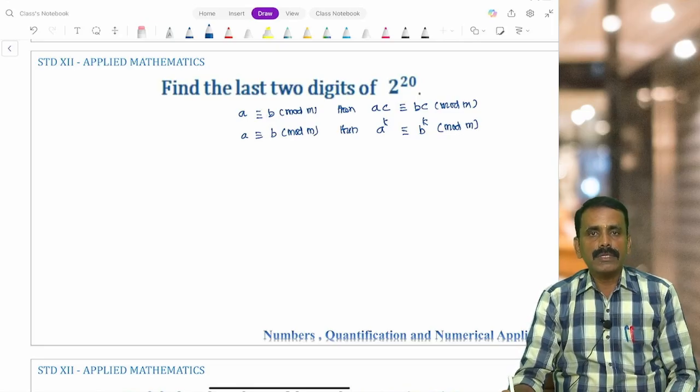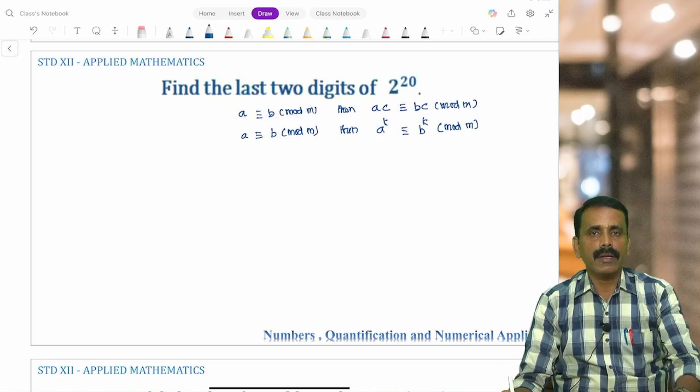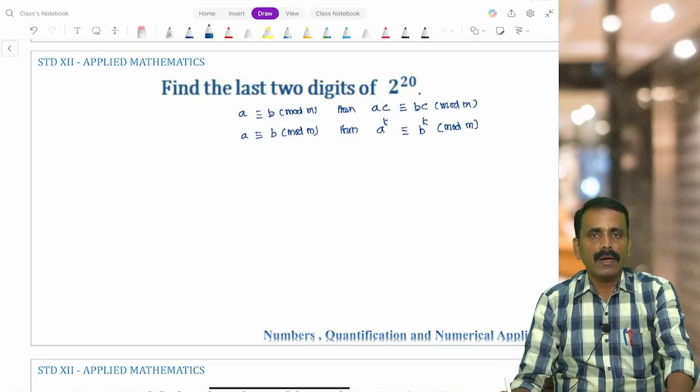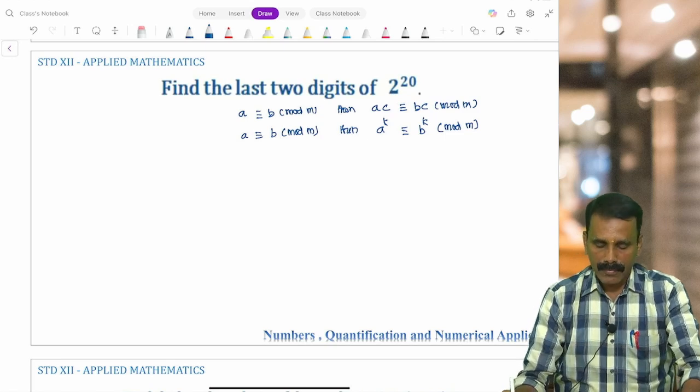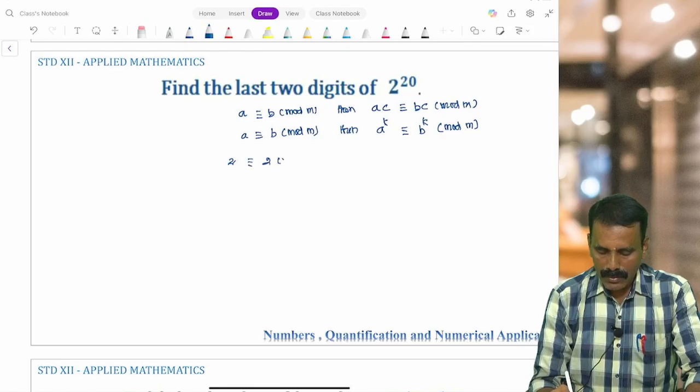To find the last two digits of any number, we are supposed to divide by 100. Under this section, we are going to find the modulo 100 of the given number. So first we start with 2. 2 is congruent to 2 mod 10.